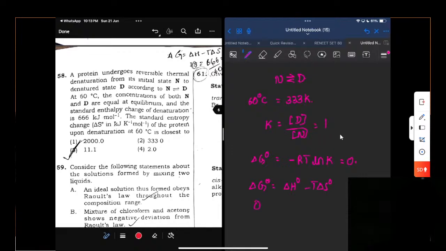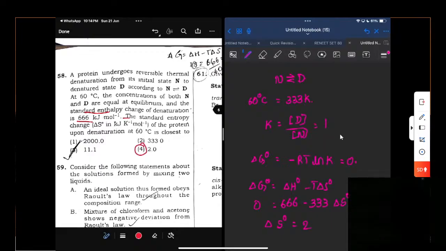Delta G naught is 0. The enthalpy change is 666 kilojoule per mole. So 0 is equal to 666 minus 333 into delta S naught. Calculate delta S naught by rearranging: delta S naught is equal to 666 divided by 333, which is equal to 2. In which option do we have this? We have this in option number 4.